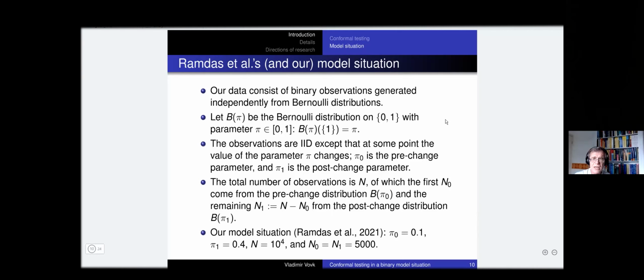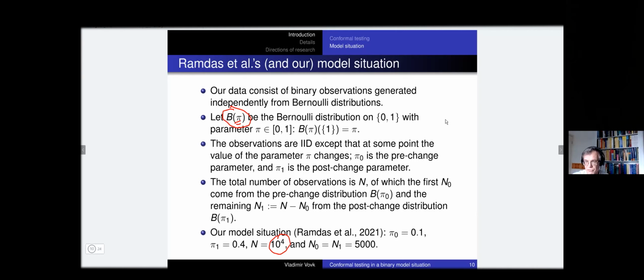Okay, so here the observations are generated by Bernoulli distributions on my observation space {0, 1}, and pi is the probability of 1. It's the only parameter. So my null hypothesis is that pi is the same all the time. And my true distribution, my model situation, is when there is a change point. I have 10 to the 4 observations overall.